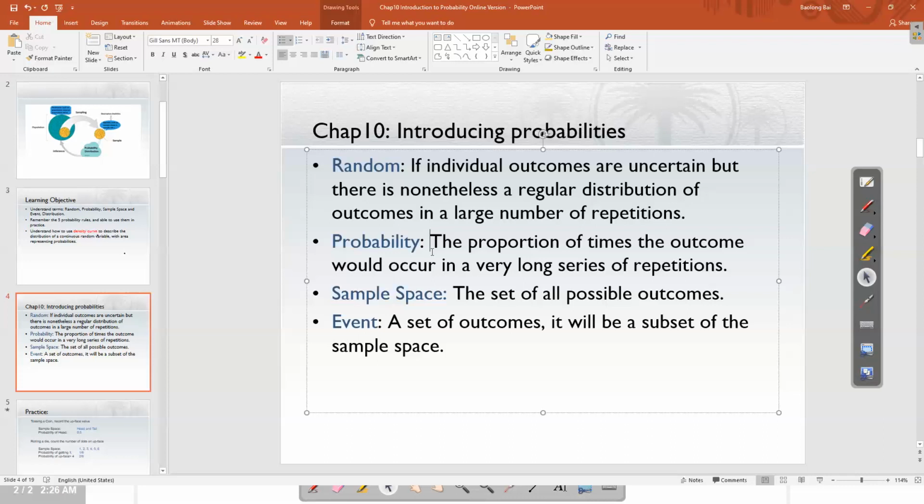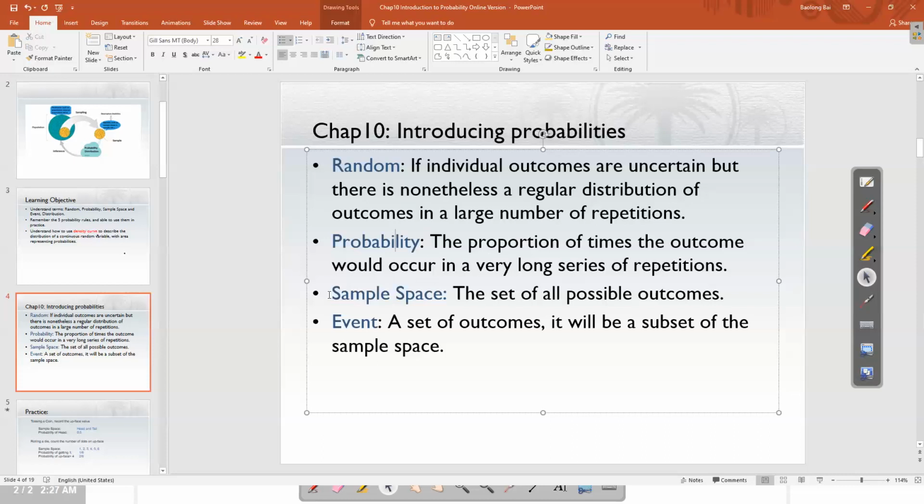But this definition only holds if the number of repetitions is very, very large. When you toss the coin many, many times, that ratio will be a probability. It's a very common term, random and probability. We use it all the time. Here we just add a little bit of flavor to the definition, but it's just our common sense term. There's nothing special.